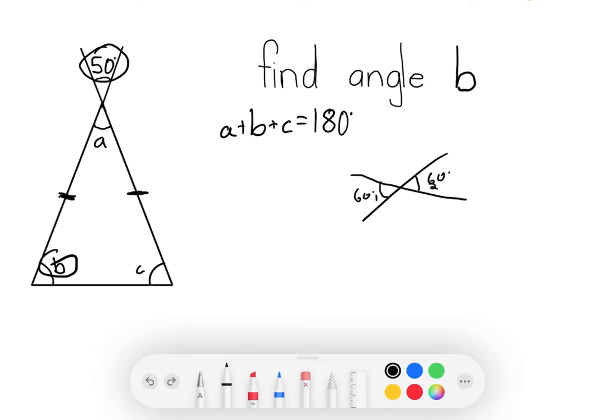Okay, so now that we know that, let's start by finding angle A in this triangle. Since the opposite angles in intersecting lines always equal the same thing, and this is opposite to 50 degrees, we know for sure, 100% sure, that A would equal 50 degrees.